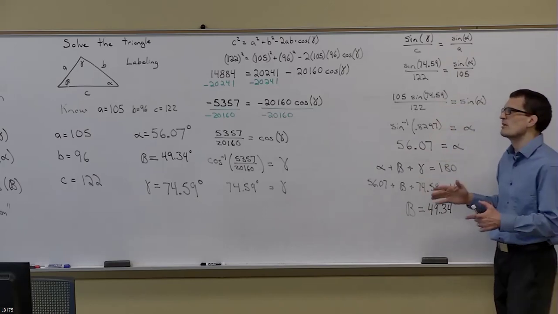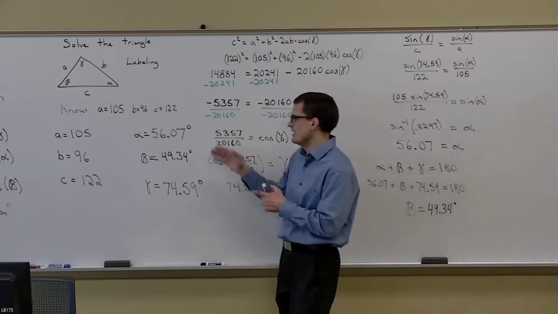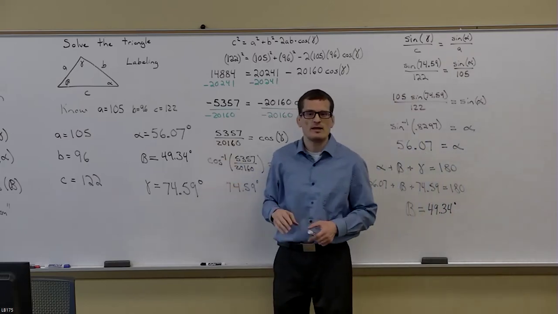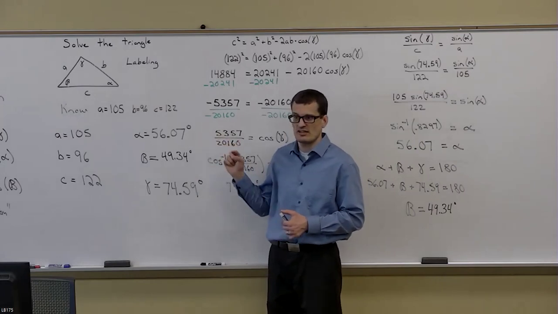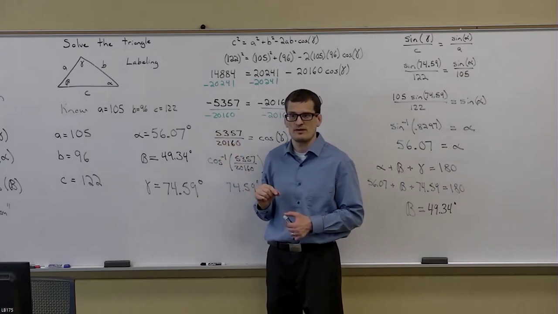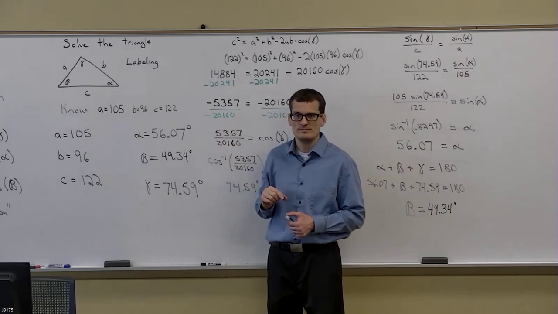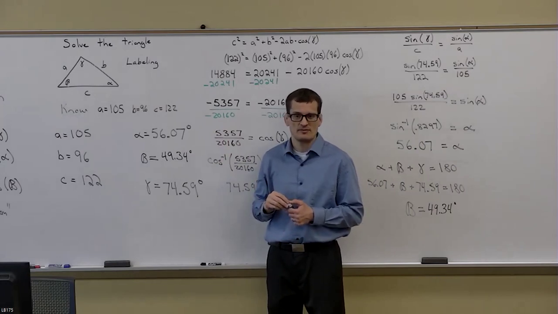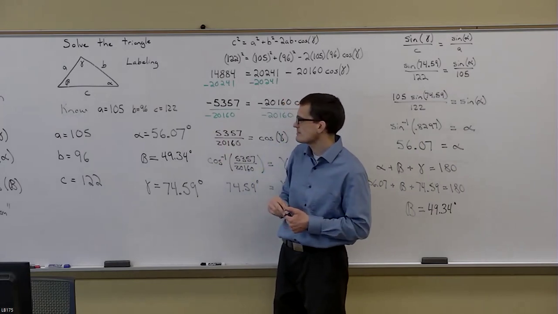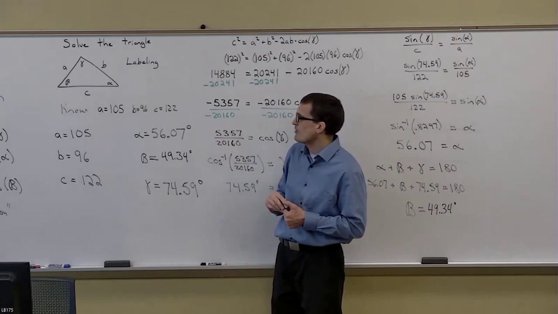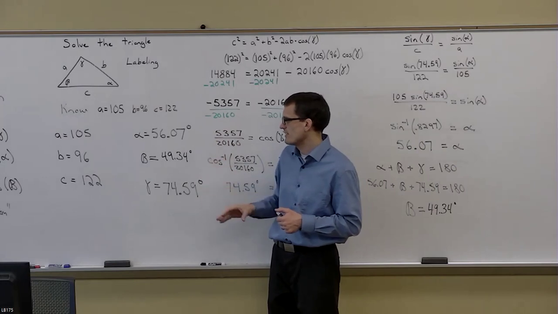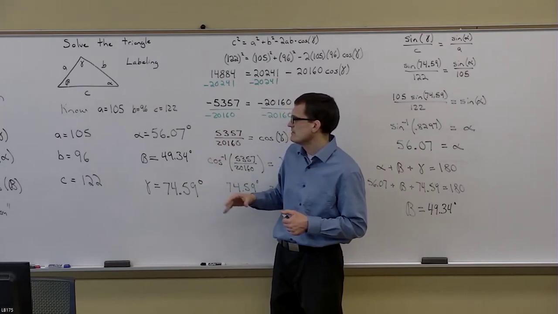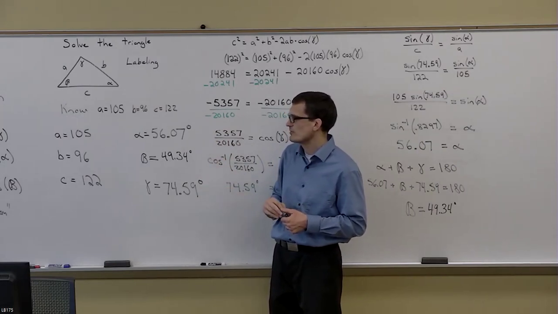So if somebody would have solved for alpha first, and then beta, and then gamma, they might have gotten answers that are really close to this, but might be just slightly off. Okay, does that make sense? And that's perfectly fine to do if you want to solve for alpha and then beta and then gamma. Feel free to do so.